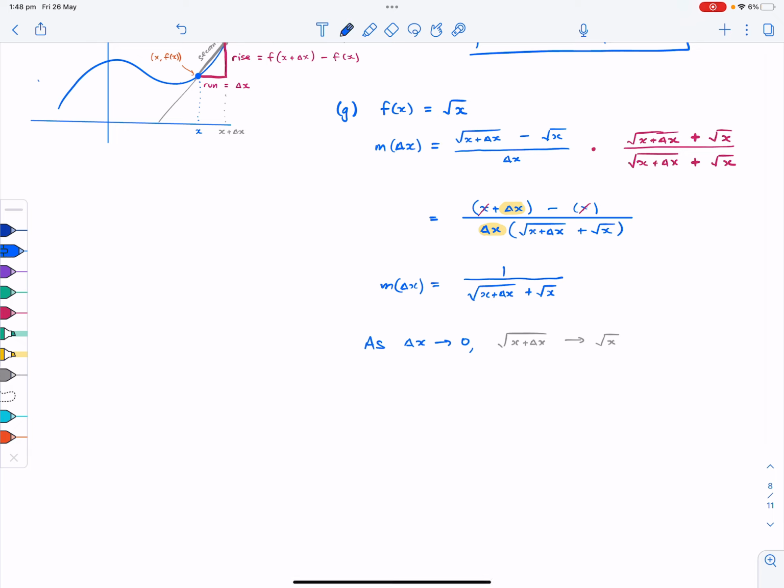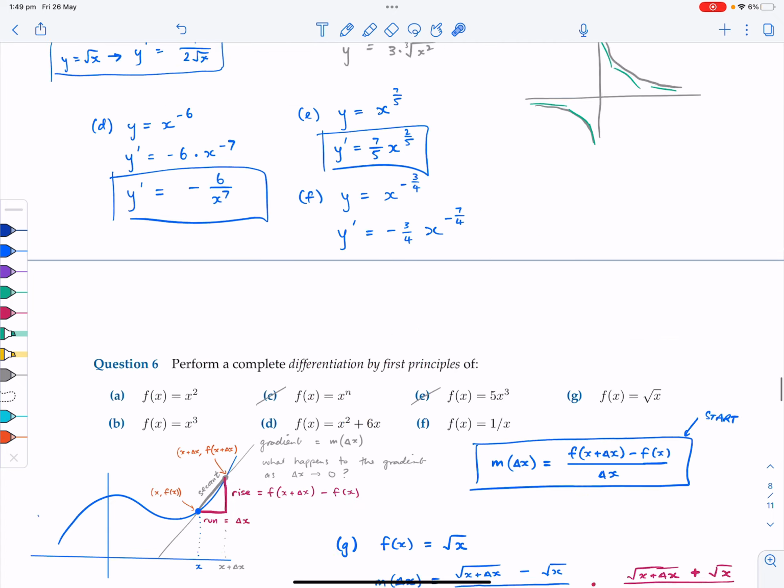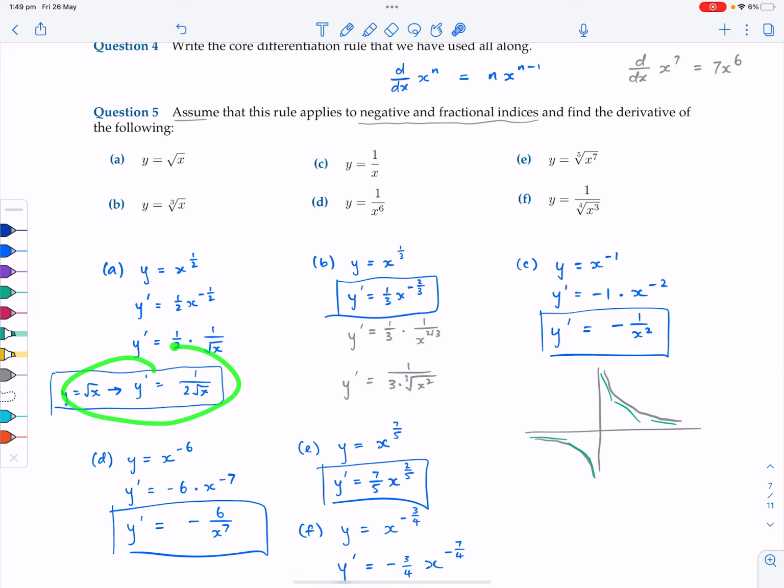And so m of delta x, the gradient of the secant, approaches 1 over square root of x plus square root of x, which is 1 over 2 root x. And so therefore, the derivative with respect to x of the square root of x is equal to 1 over 2 root x. And that is what we found back here.